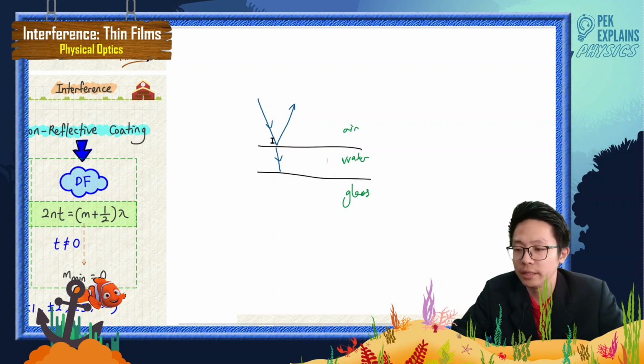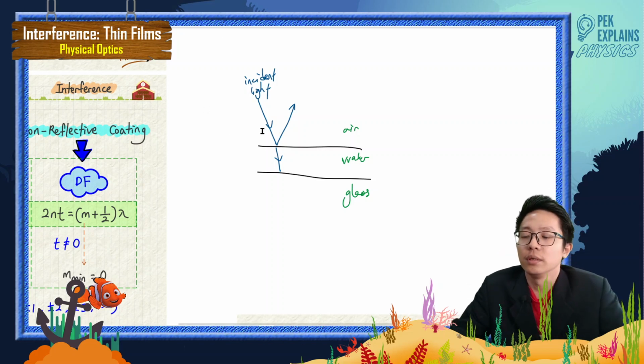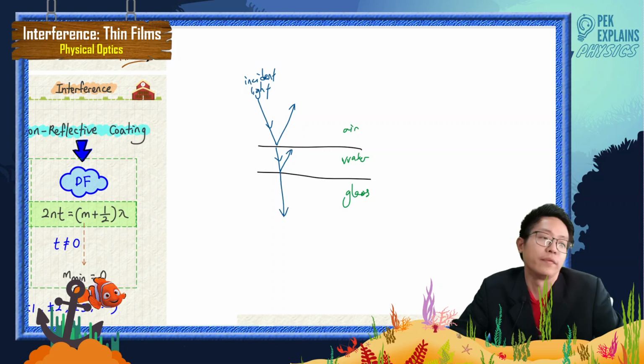Okay, this is the incident light. Part of it is reflected, part of it is refracted into another medium, and then this second light is also reflected and then refracted.